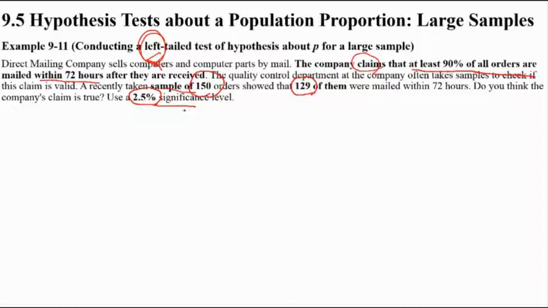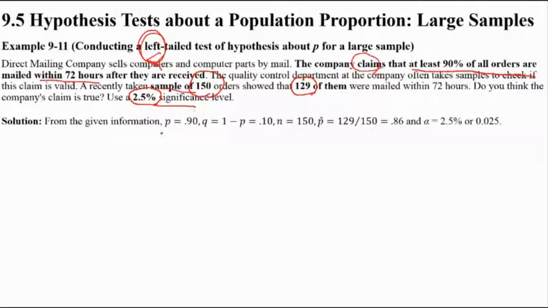So let me write down the information one more time. P, the proportion for the population, is 90%, because they said at least 90%, and Q is its complement. Sample size 150, and sample proportion 129 over 150, which is 0.86. Significant level 2.5%.